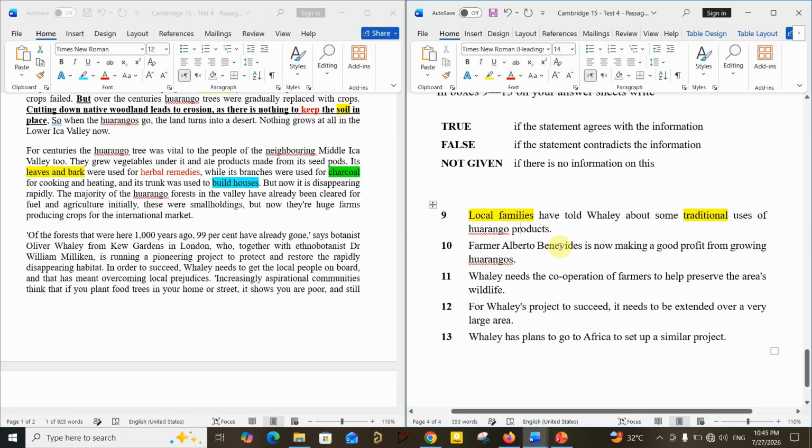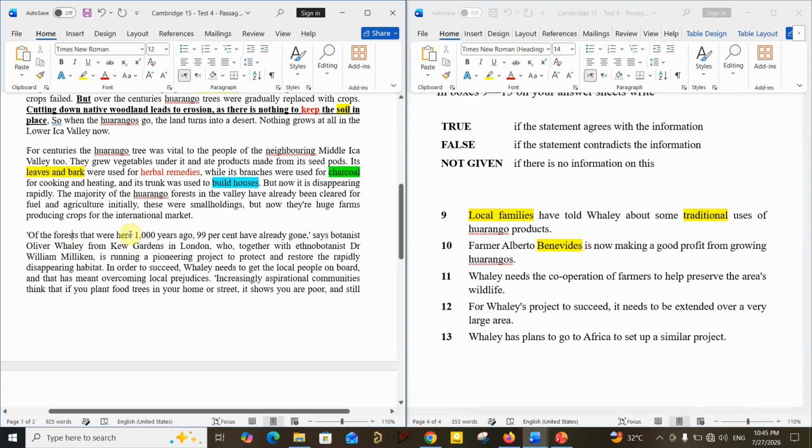Farmer Alberto, benefits. It's pretty obvious. So instead of looking for this one, I think if you look for this one, you could find it more easily and locate your answer. Benefits, Farmer Alberto benefits. Where is it? Benefits. It's not in here.